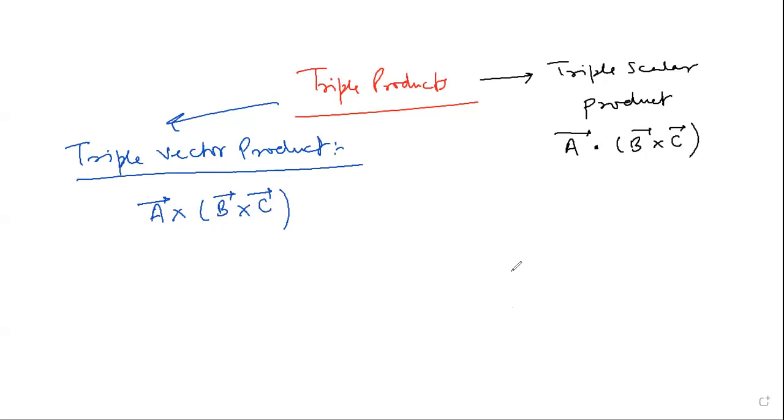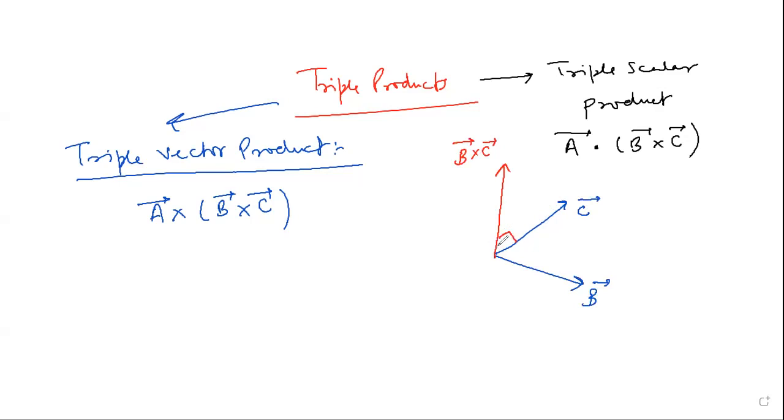You also know that if this is my B vector, and this is my C vector, then the B cross C vector, by definition, is perpendicular to both B and C. In the diagram, I show it this way.